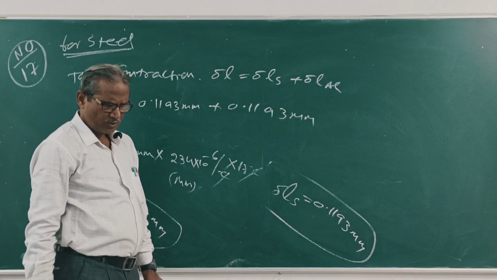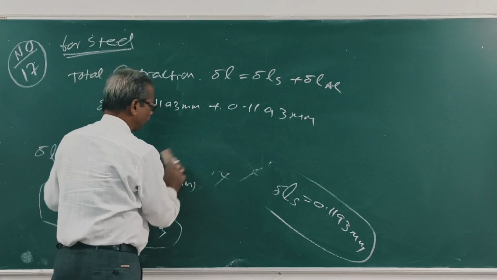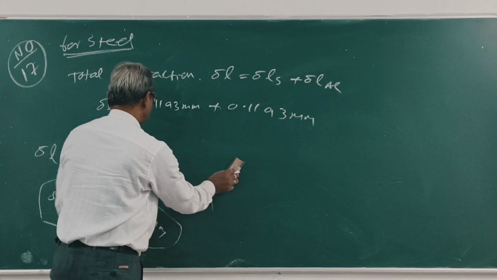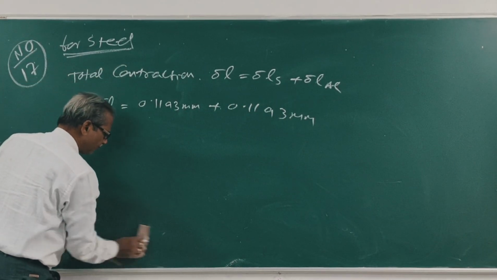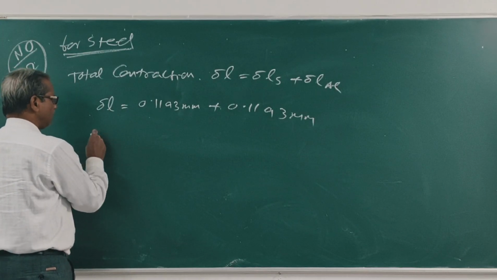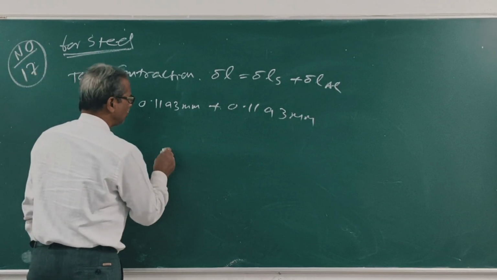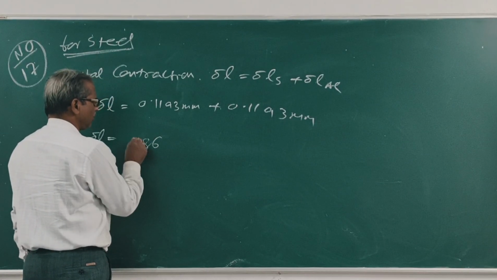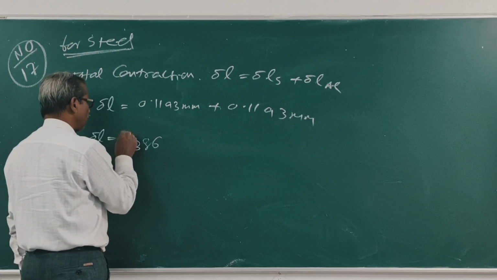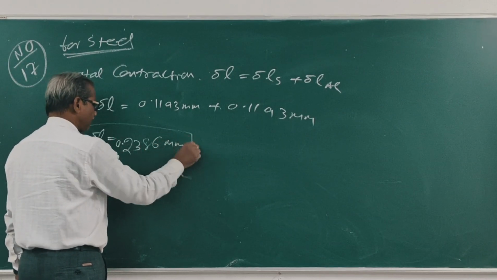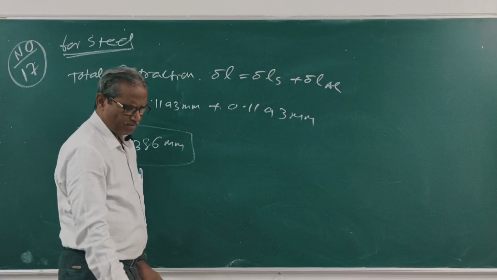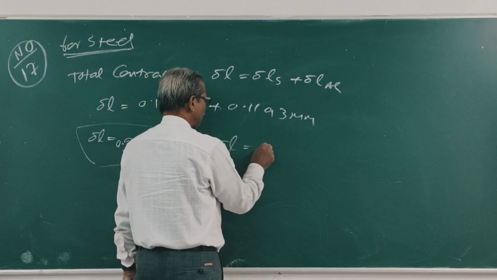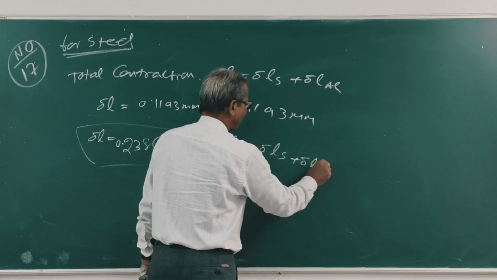Right? This is equal to 0.2386 mm. Clear? What is delta L? But delta L is equal to delta L steel plus delta L aluminum.